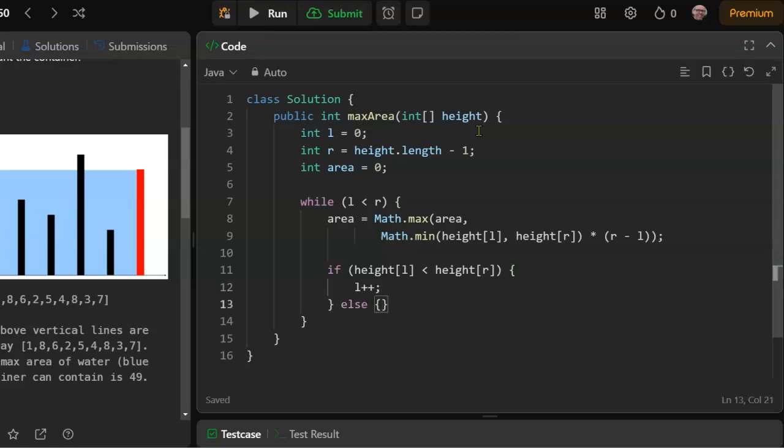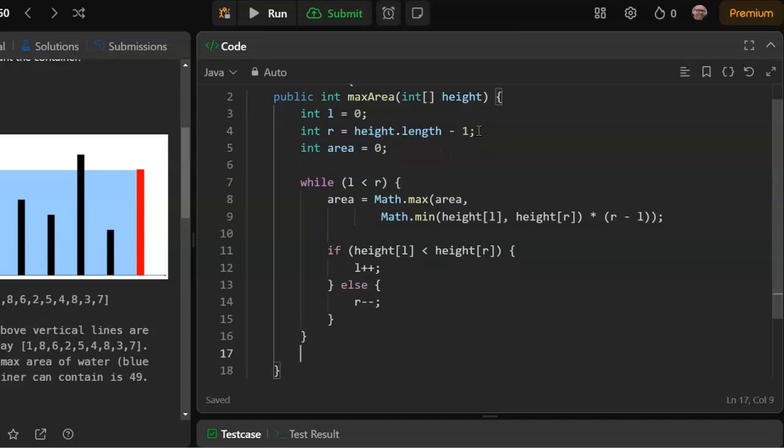Otherwise, decrement the right pointer. All right. That should do it, and then we can return the area.